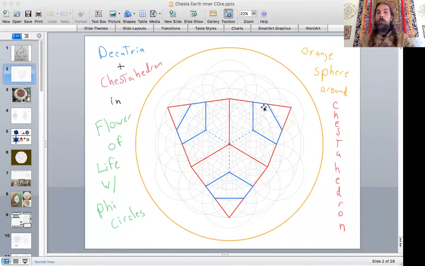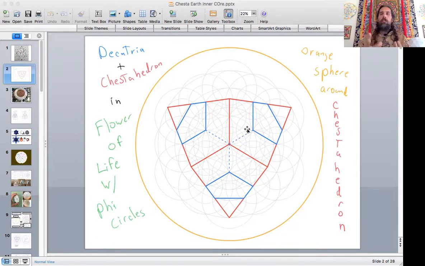And Frank's work with the Chestahedron, which is based on phi, has two triangles in it, the kite edge as well as the larger triangle. This triangle, flaring out the sides, and this base are in a relationship of phi. And that just so happens to be related to the icosahedron and the dodecahedron as well.